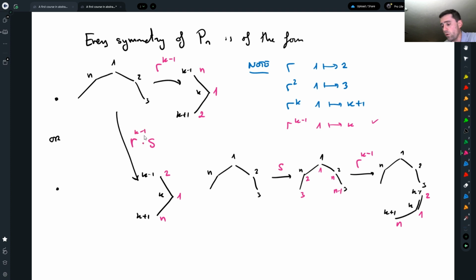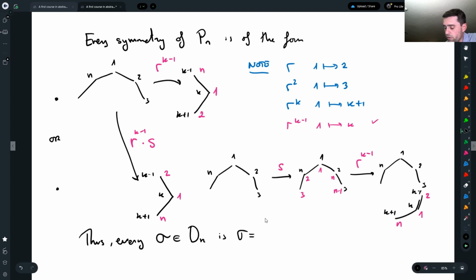So what we've shown is that thus every element, let's say sigma, of the dihedral group is of the form, let me write it in the following form, either r to the k minus 1 for k between 1 and n.